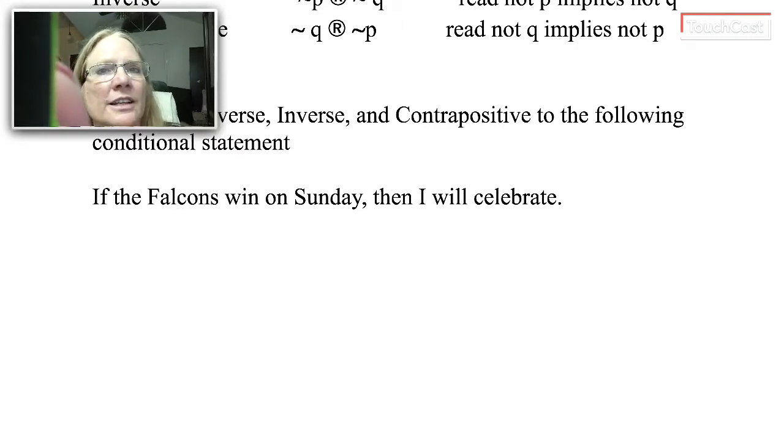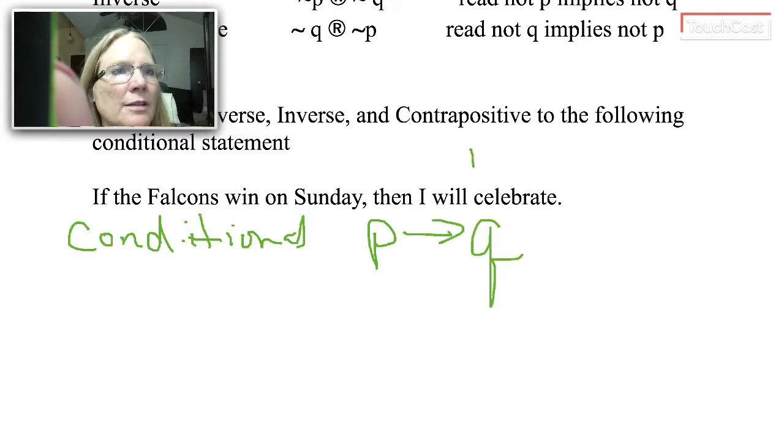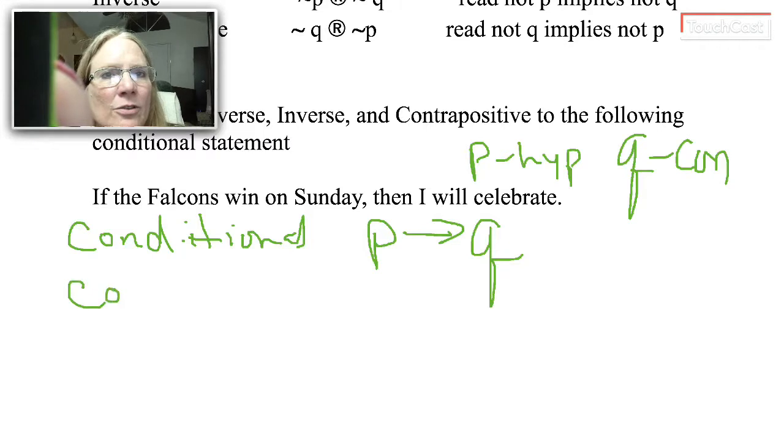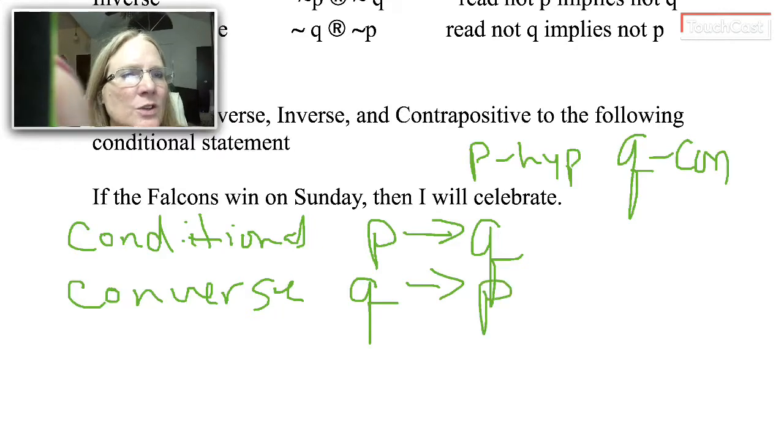So the conditional is P implies Q, and P is the hypothesis and Q is the conclusion. And then the converse says Q implies P. So in other words, the statements just flip the hypothesis and conclusion.